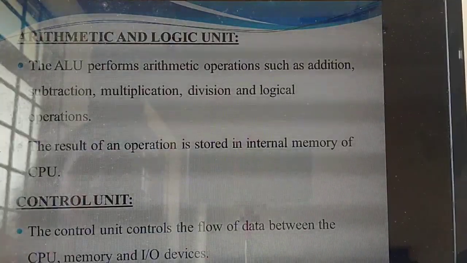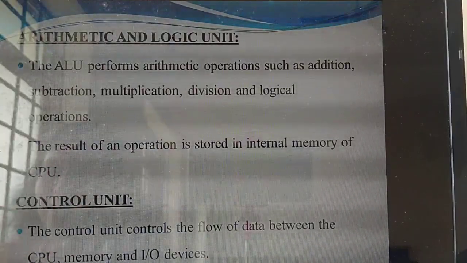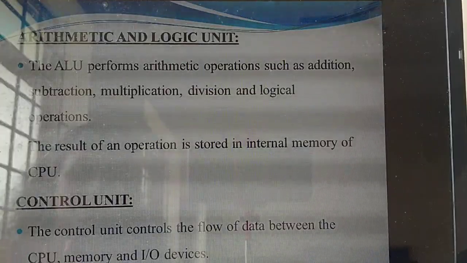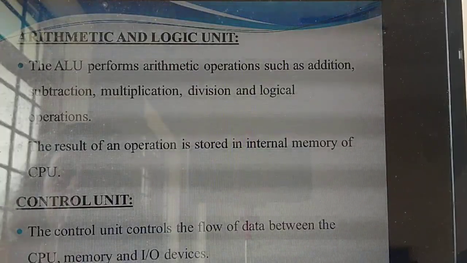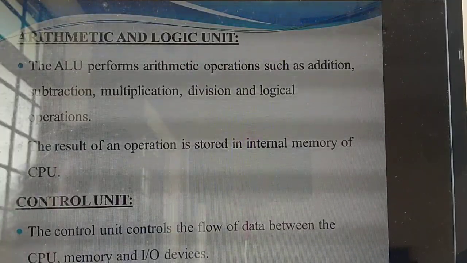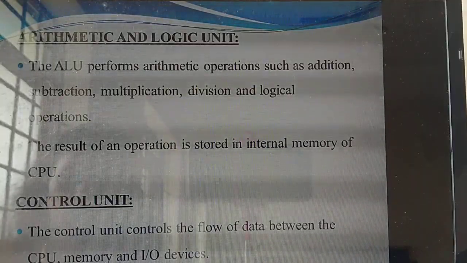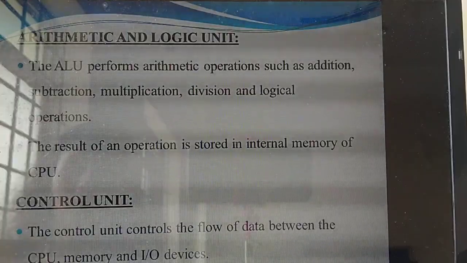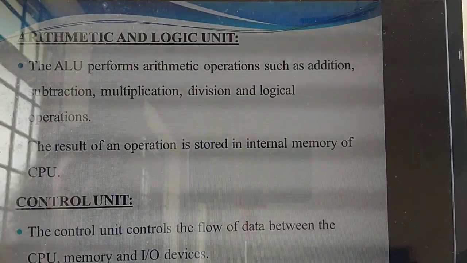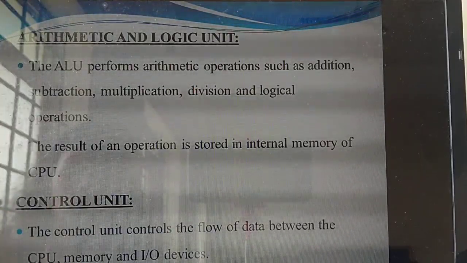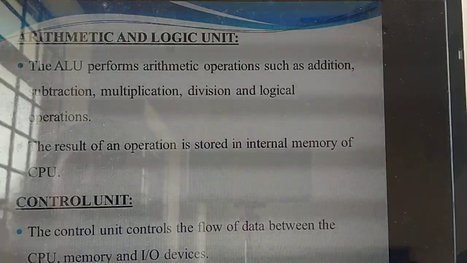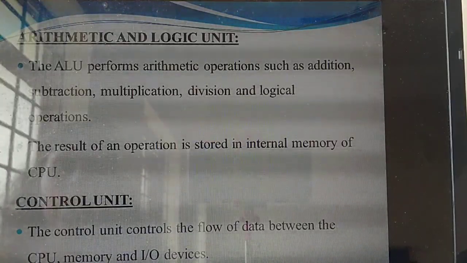For example, if vehicles are moving on the road without a traffic police, are the vehicles moving in a proper way? No. So for controlling vehicles, some person is needed. Whom? Traffic police. Likewise, the flow of data needs to be controlled by someone, called which one? Control unit.